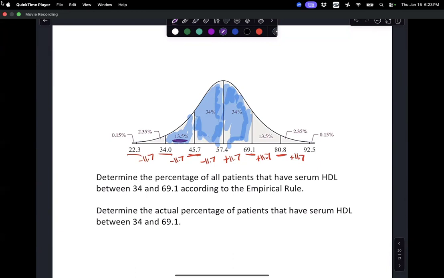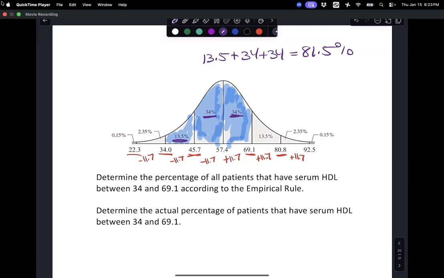So I have 13.5%, 34%, and 34%. I'm going to add those together. I probably could do it in my head, but it is 6:30 on a Thursday night, so I don't really trust myself. So we have 81.5%.